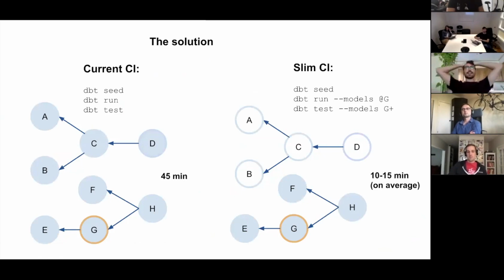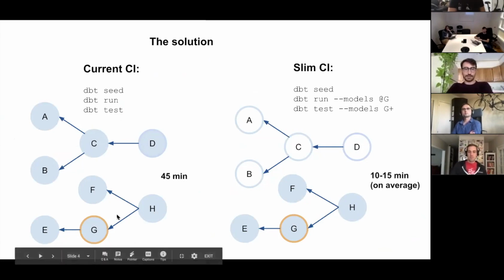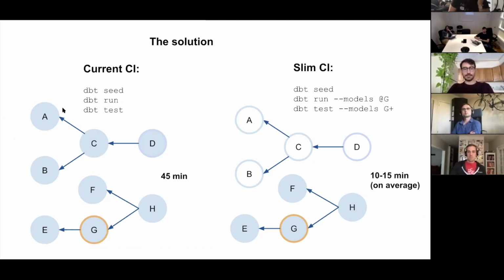Okay, the solution I've coded up is on the right, and the current CI method is on the left. This is our dbt project, and it's basically two separate DAGs.